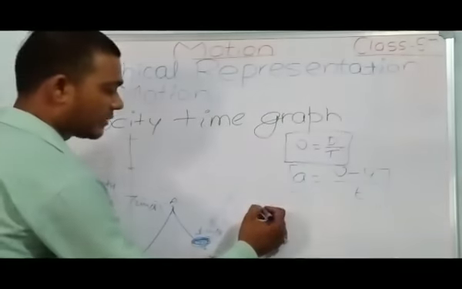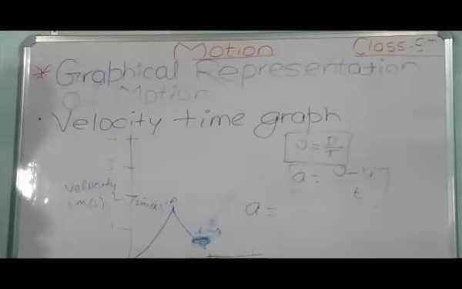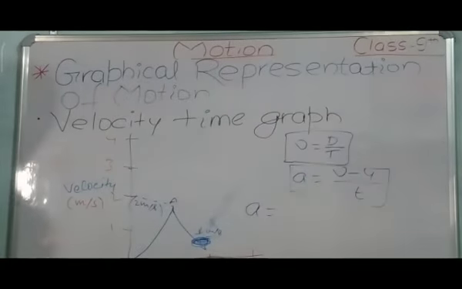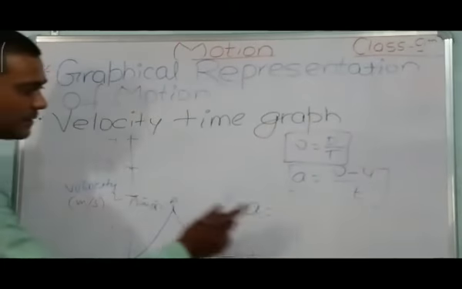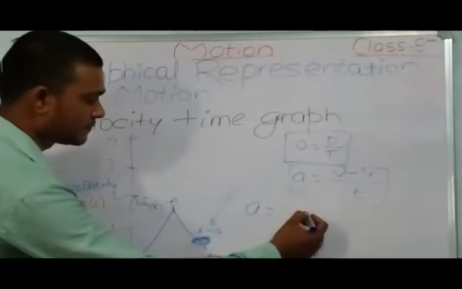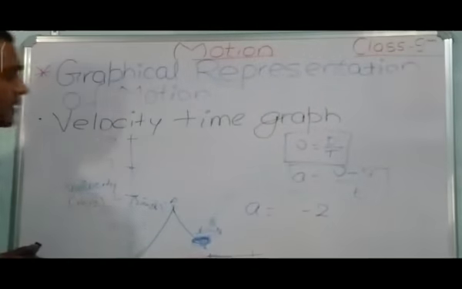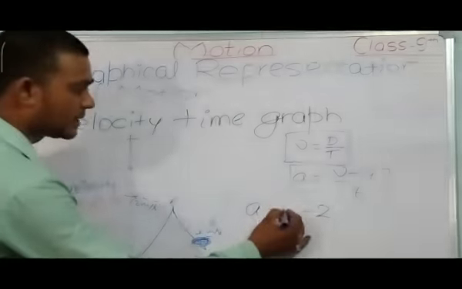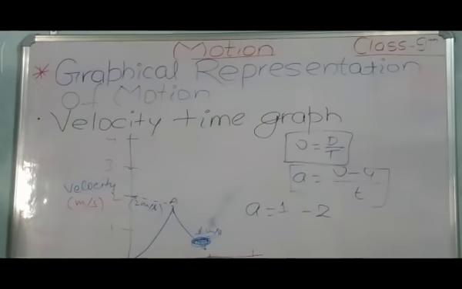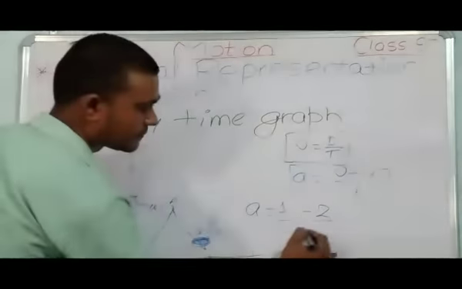Then we can find the value of acceleration. The initial velocity is 2 meter per second, the final velocity is 1 meter per second, and the time taken by the object is 3 seconds.